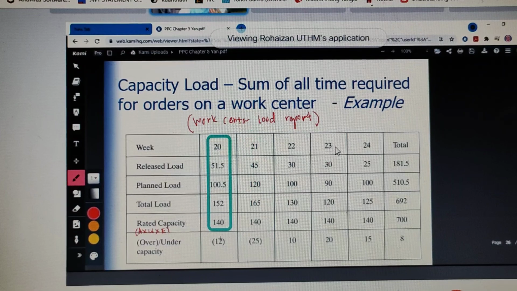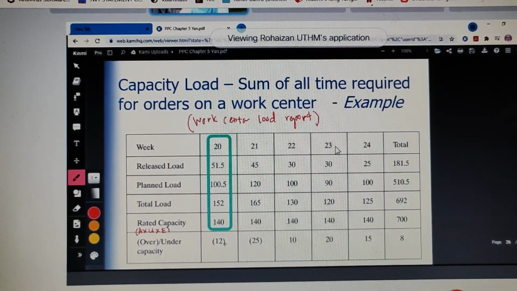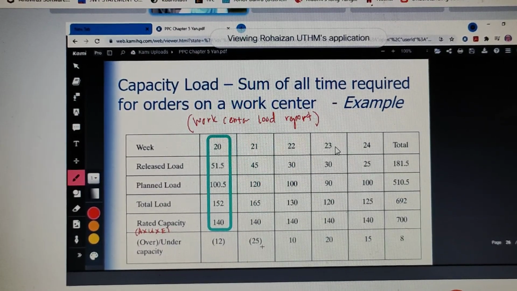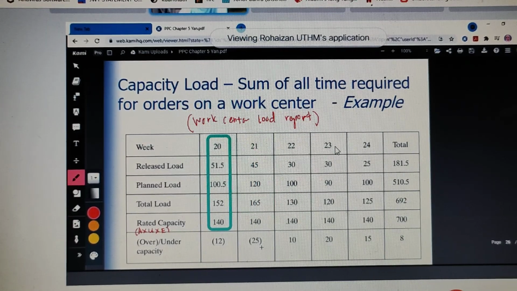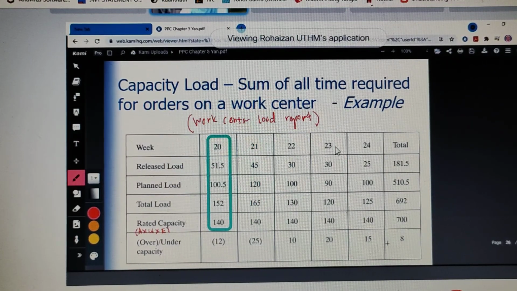What we have in our hand, 114, divided by what we required, 152, and you can see that we are over capacity for week 20. Meanwhile, week 21 is also over capacity, and the rest are under capacity. So this is the work center report.